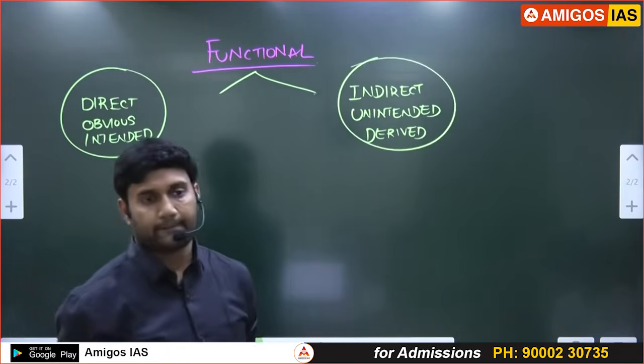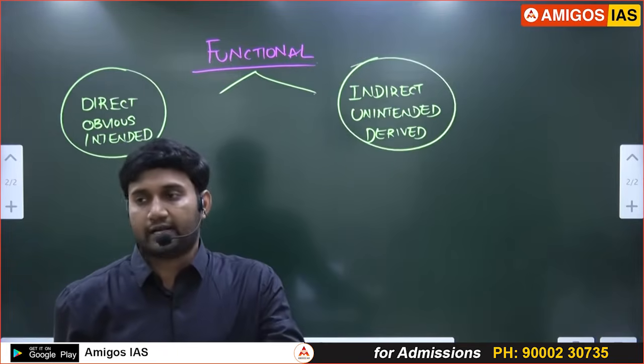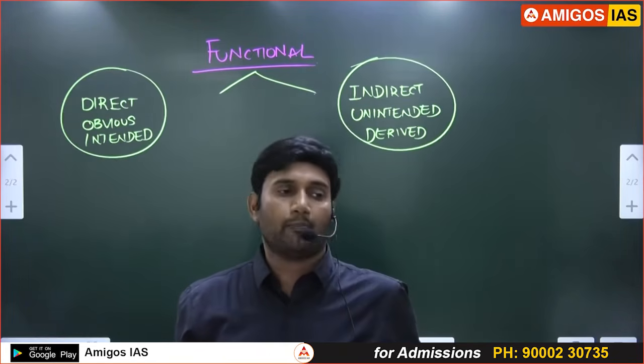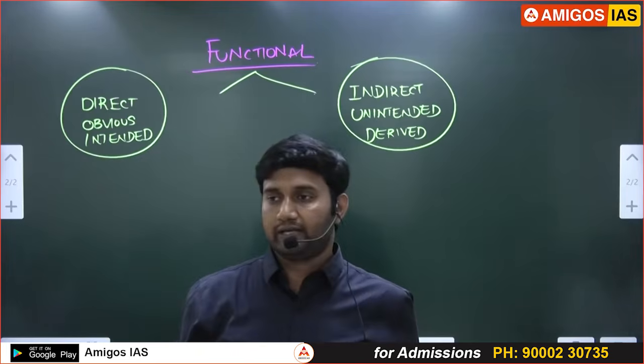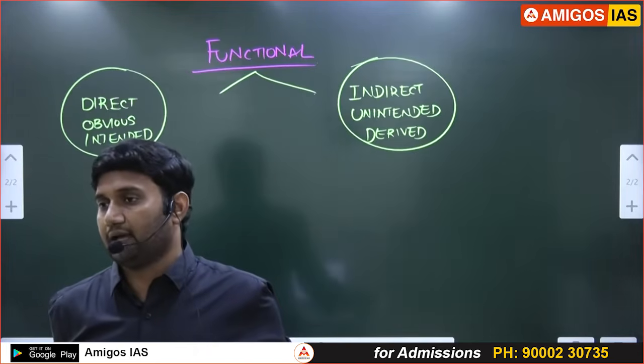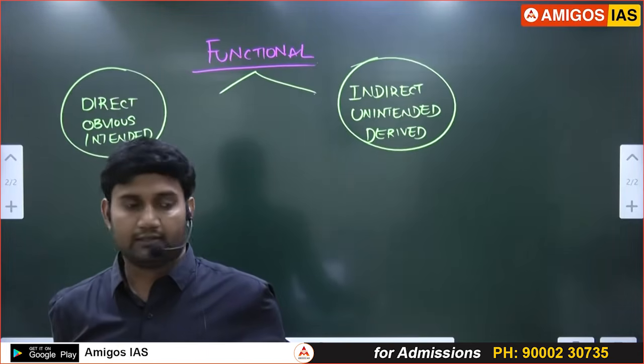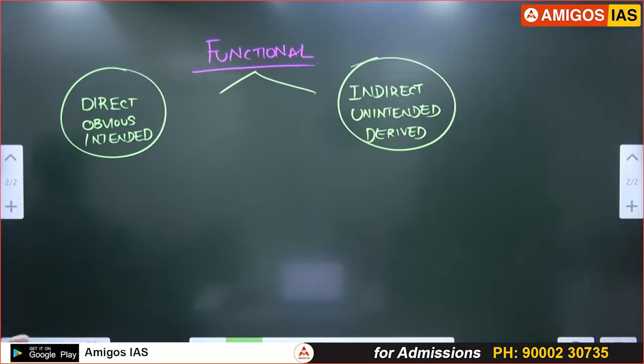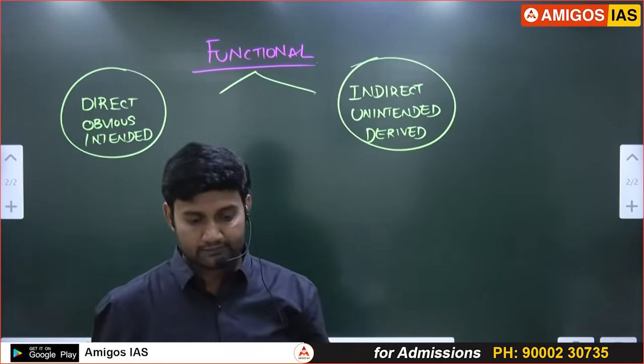These are the two kinds of functions that each component of the village will have. Obvious functions are intended functions, and unintended are derived functions.